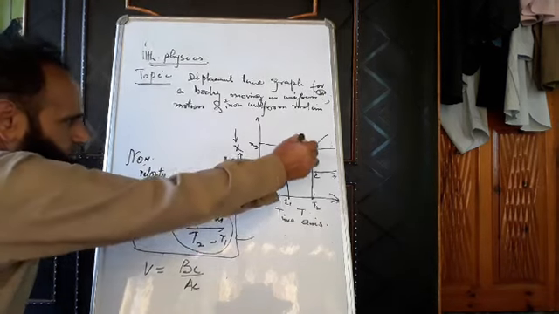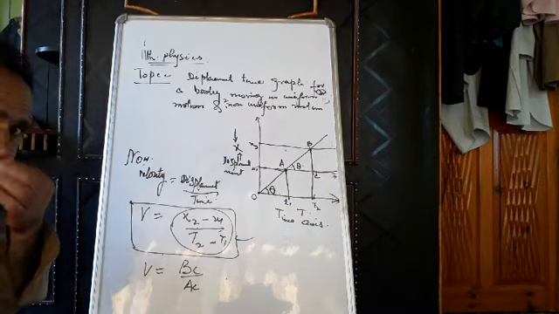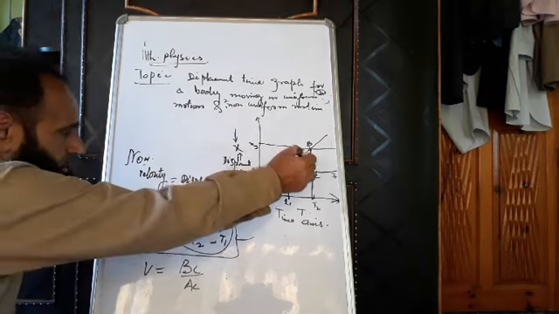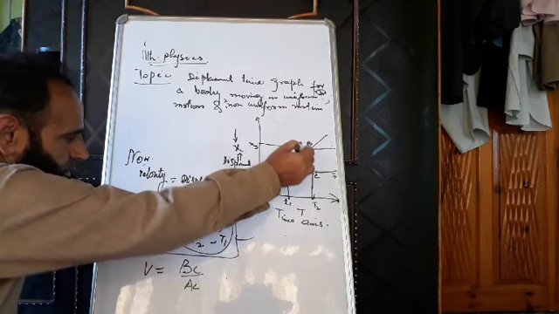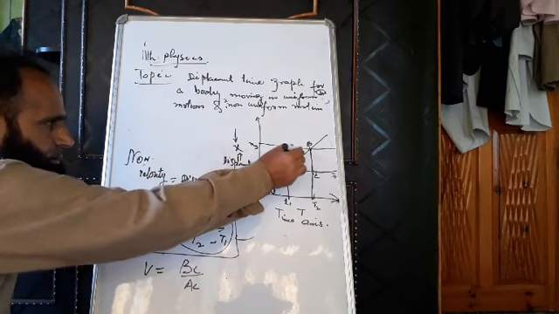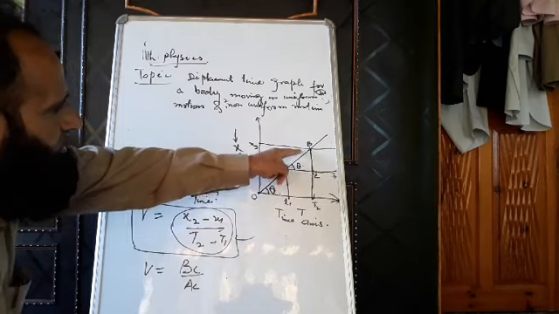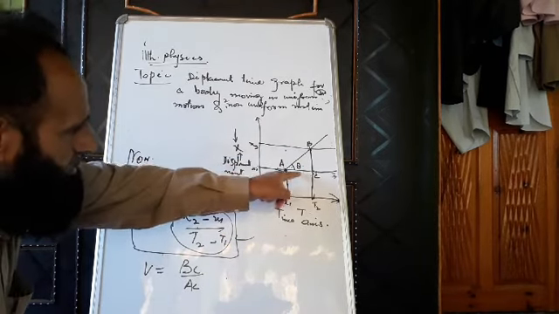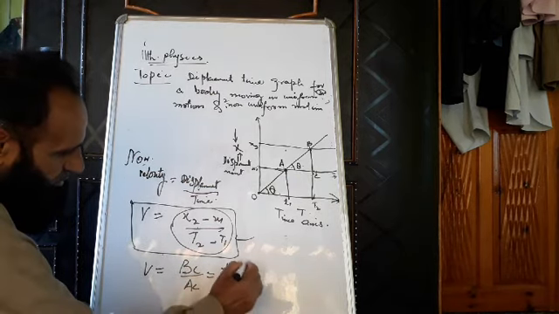So BC divided by AC. We know from our 10th class that in this right angled triangle ACB, this is theta, this is the perpendicular, this is the hypotenuse, and this is the base. Perpendicular divided by base is tan of theta.